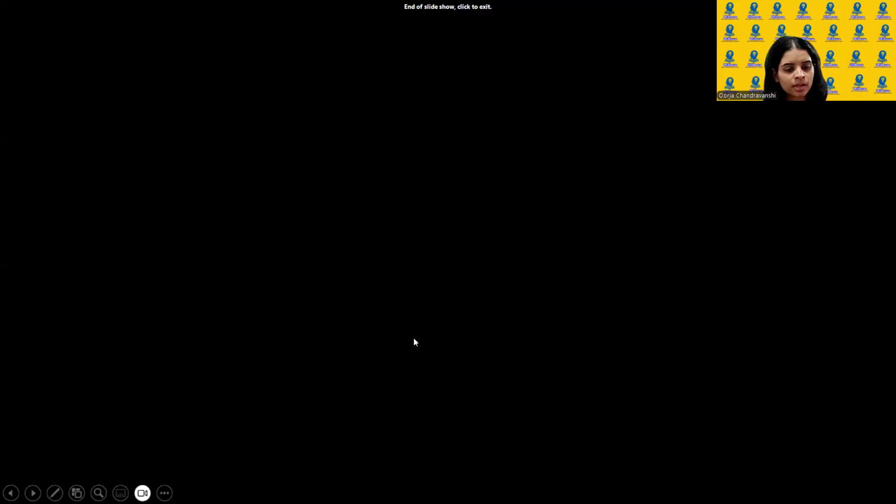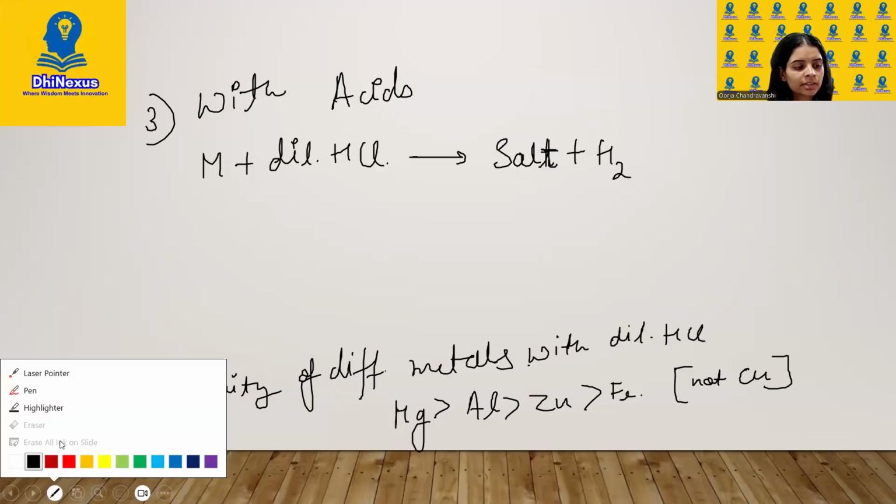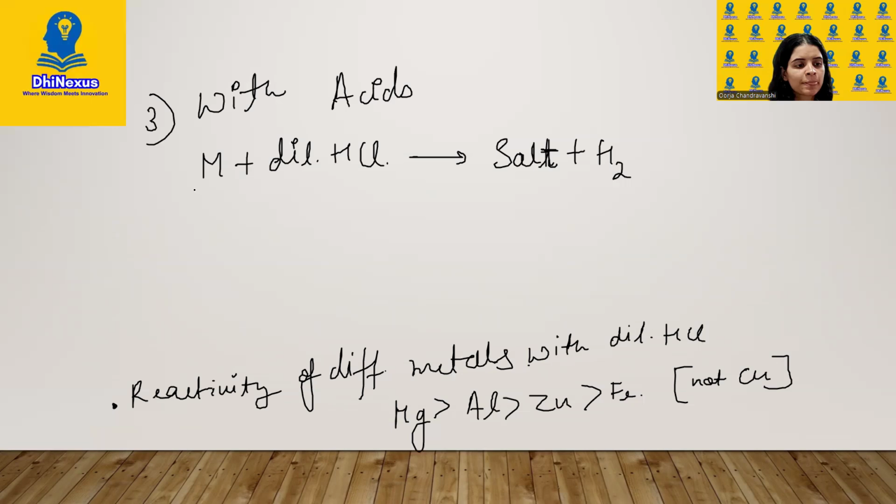Moving on, we'll see reaction with acids. So metal on reacting with acid gives us a salt and hydrogen gas. Now, why do we get a salt?